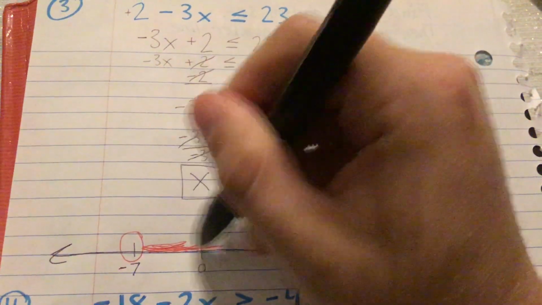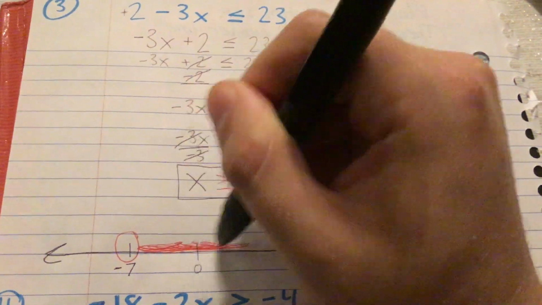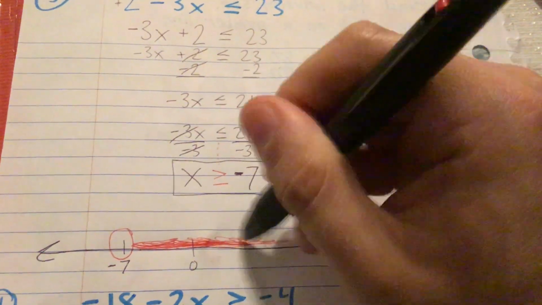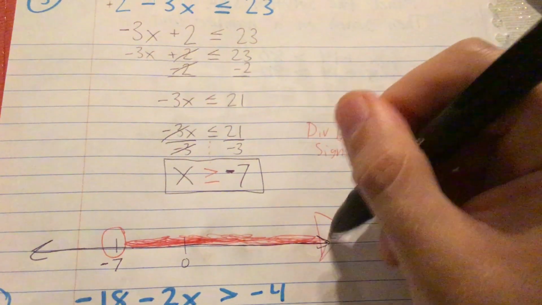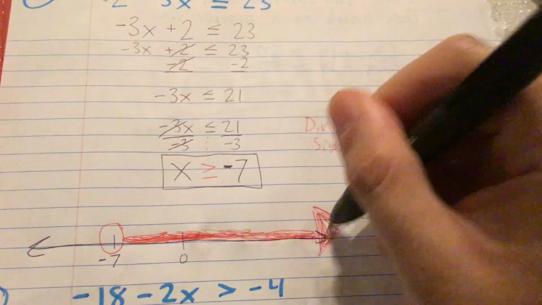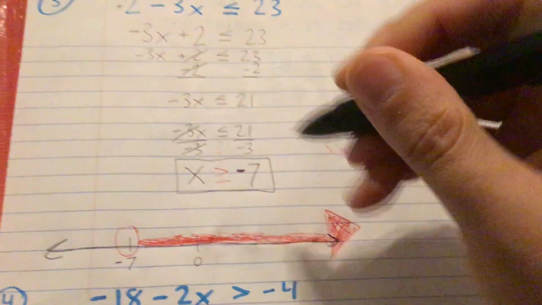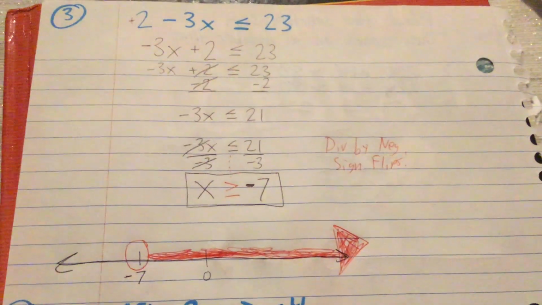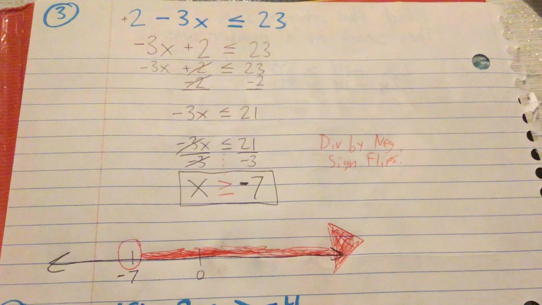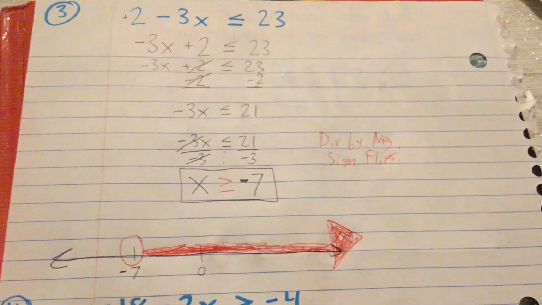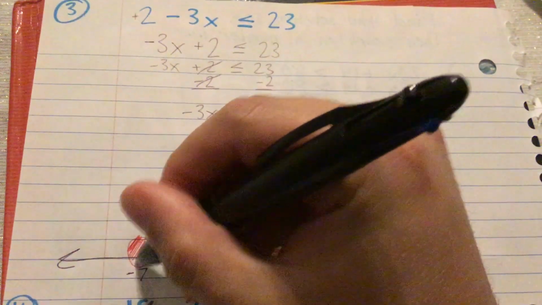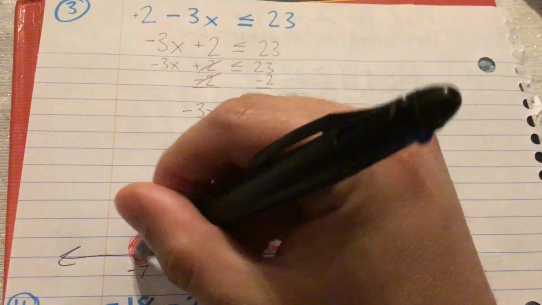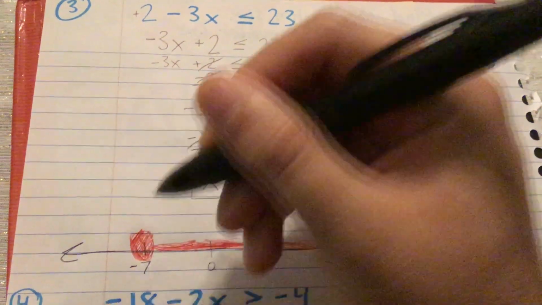So I'm going to shade to the right. Is negative 7 itself invited to the solution set birthday party? Yes, it's included. So we fill it in. So negative 7, the endpoint, is included, and any number bigger than negative 7, and we're good.